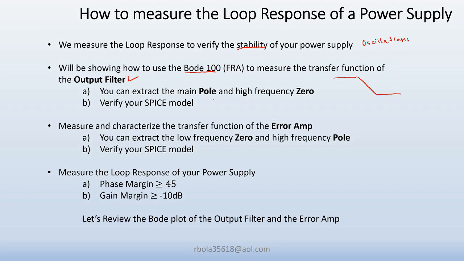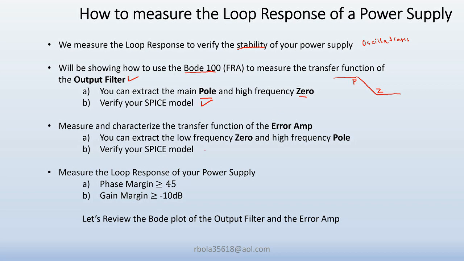When we measure it, we extract the pole, and then we can extract the zero as well. Once you have that, you can do a spice model, and you can measure and compare it with your spice model, basically verify it. And if there's a little bit of discrepancy, you can adjust the spice model to match your measurement.